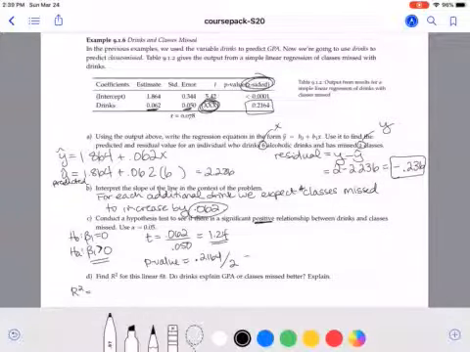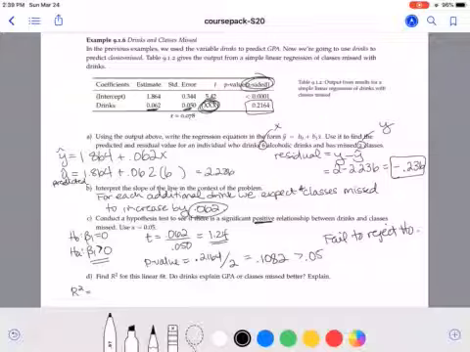It has been doubled, but we didn't want to double it. So we get 0.1082 for our p-value. That being greater than 0.05, we would fail to reject our null, and we would say then after that we do not have significant evidence of a positive linear relationship between drinks and classes missed in the population.